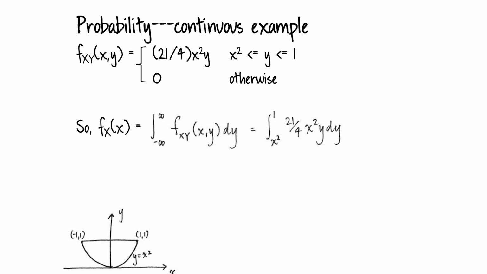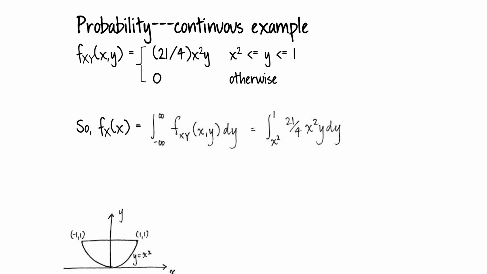Applying the formula that I gave you a few slides ago, if we want the marginal PDF of X, all we have to do is integrate out Y. In general, we integrate the joint PDF over the entire support.